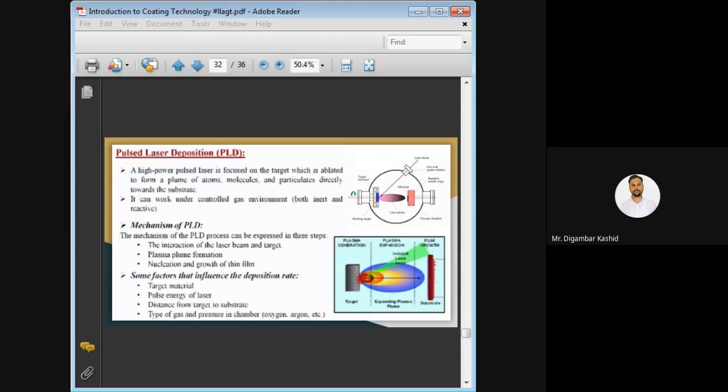Okay, some factors that influence the deposition are the target material, the pulse energy, the distance from the target to the substrate, the type of gas we are using, and the pressure in the chamber, such as oxygen or argon gas, etc. So those are some of the factors also.